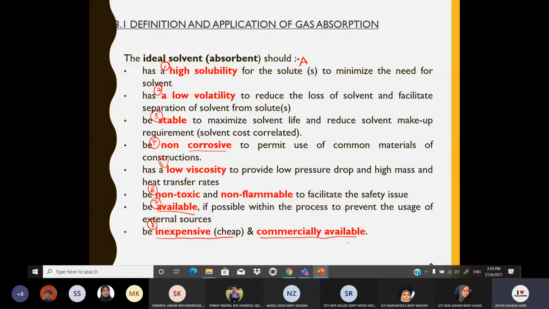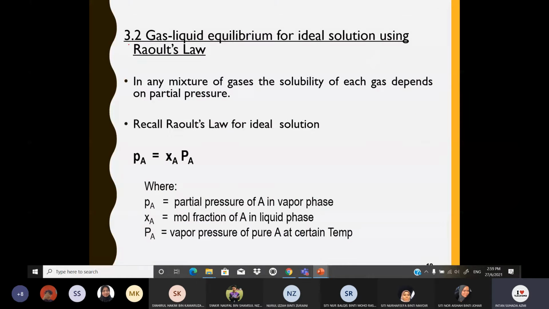Okay, this one we want to go for gas-liquid equilibrium for an ideal solution using Raoult's law. This one we have learned in mass transfer. So we will recap a little bit about Raoult's law. In any mixture of gases, the solubility of each gas depends on its partial pressure. Partial pressure is the small p.